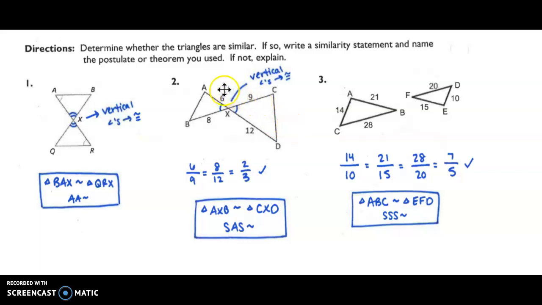Oh, I see what they did. Yeah, never mind. Okay, so these have the same proportion, right, or same ratios. Okay, 6/9 and 8/12. That's 2:3. Okay, and then you have these vertical angles here, and so therefore it is similar. And then for 3, these triangles are similar by side, side, side, meaning all 3 pairs of sides have the same ratio.